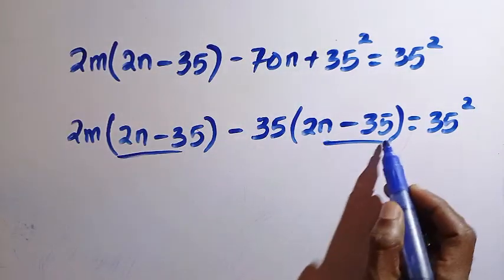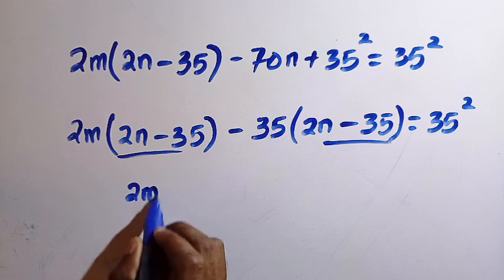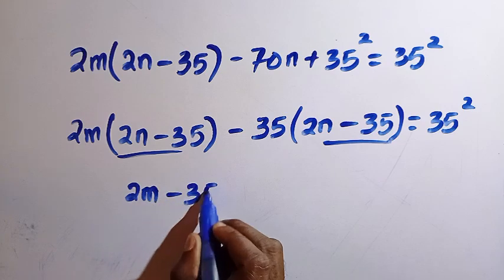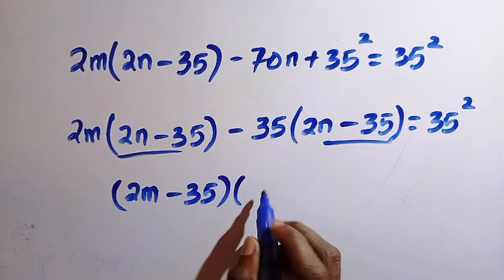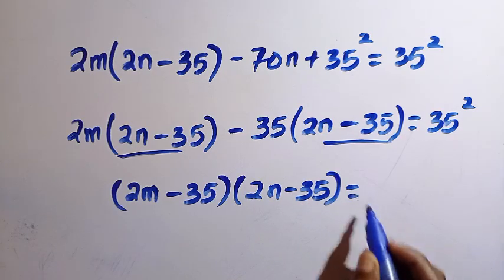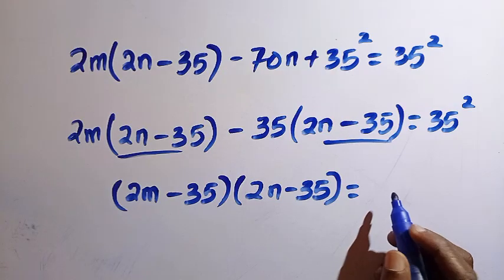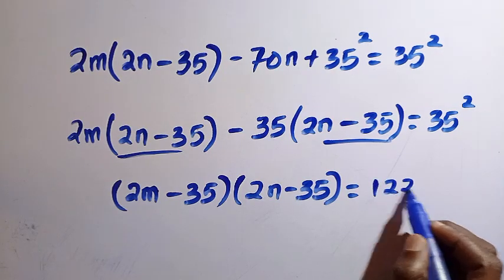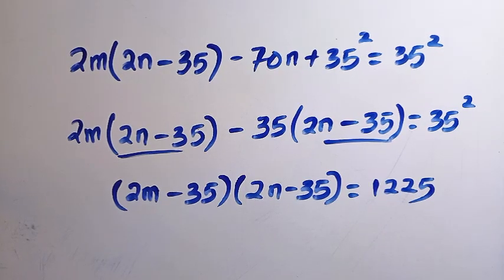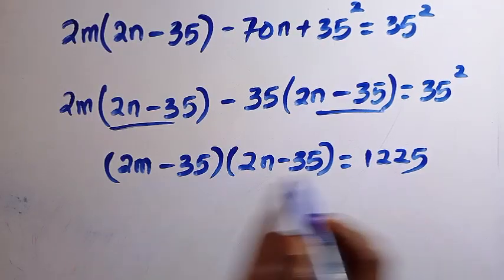This is common. We bring this coefficient together and we have (2m minus 35) bracket (2n minus 35) equals 35 squared. This gives us 1225.